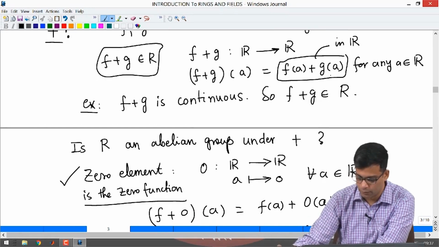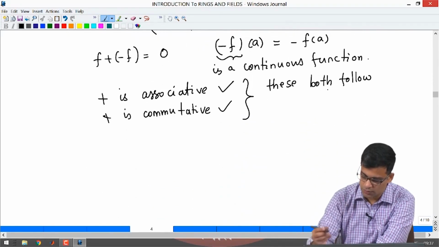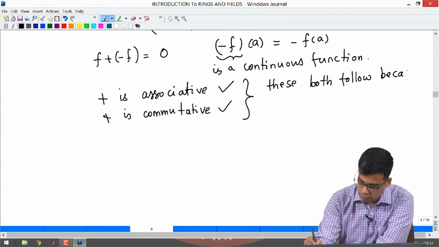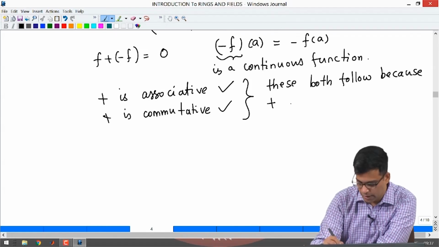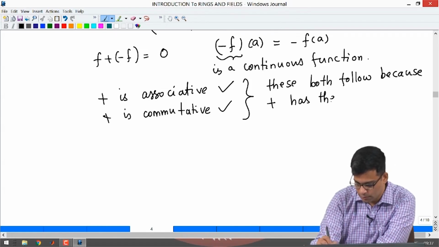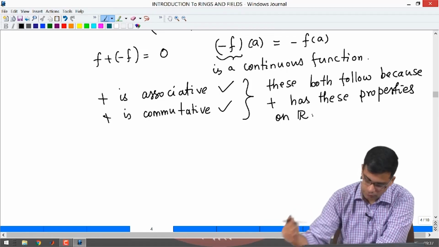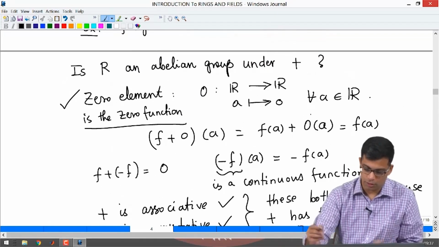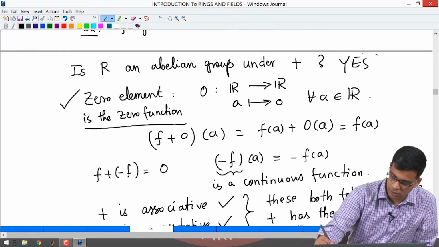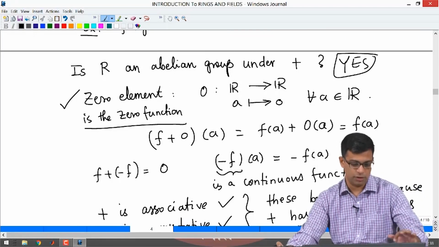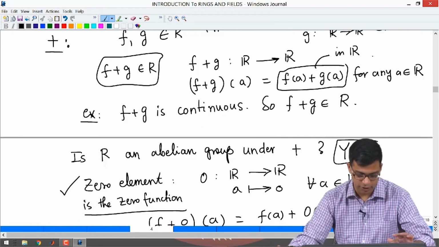So, you add them as real numbers. So, these both follow because plus has these properties on R. Okay.